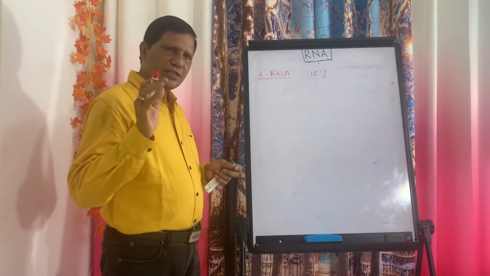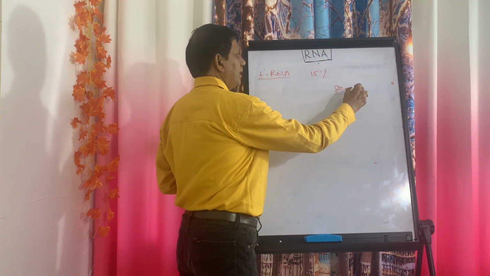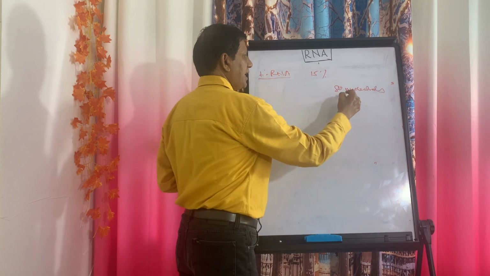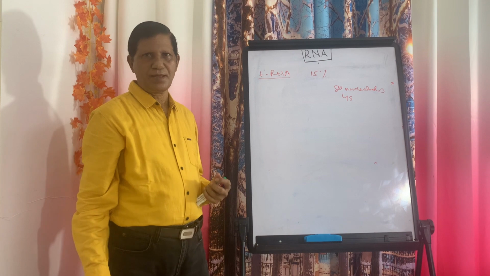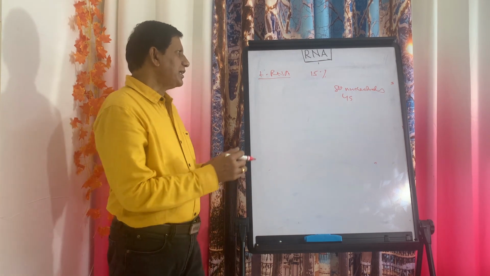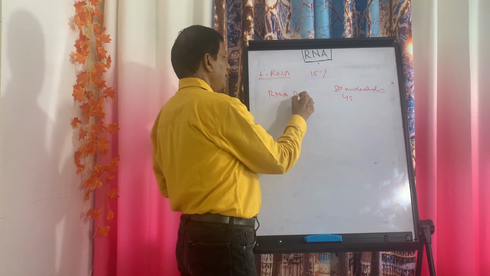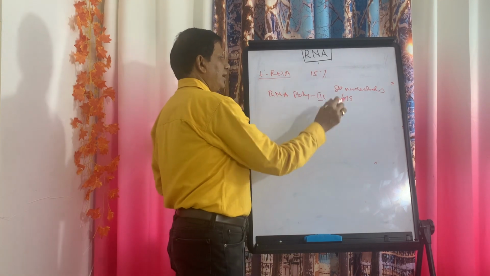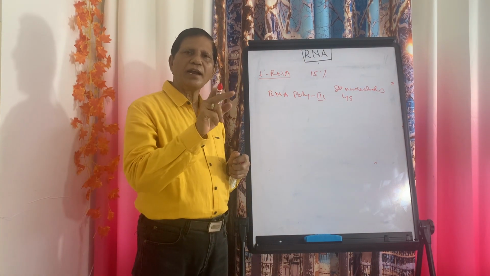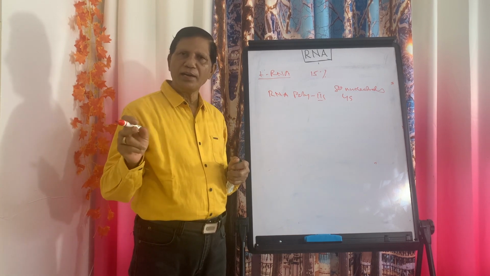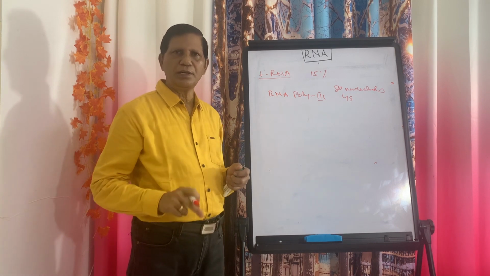It is the smallest RNA, having about 80 nucleotides, and its size is only 4S, so small in size. The tRNA is transcribed from DNA by RNA polymerase 3. You can remember RNA polymerase 1, 2, 3 as RMT: 1 is for rRNA, 2 is for mRNA, and 3 is for tRNA.